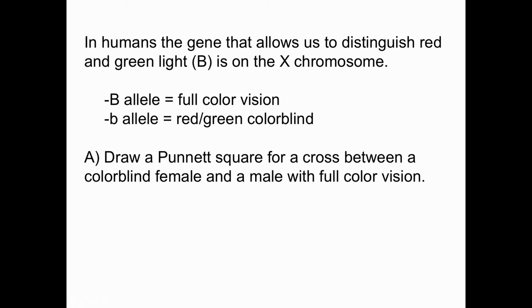You're going to draw a Punnett square for a cross between a colorblind female and a male that has full color vision. Remember, this is X-linked recessive. So take a moment to do that.